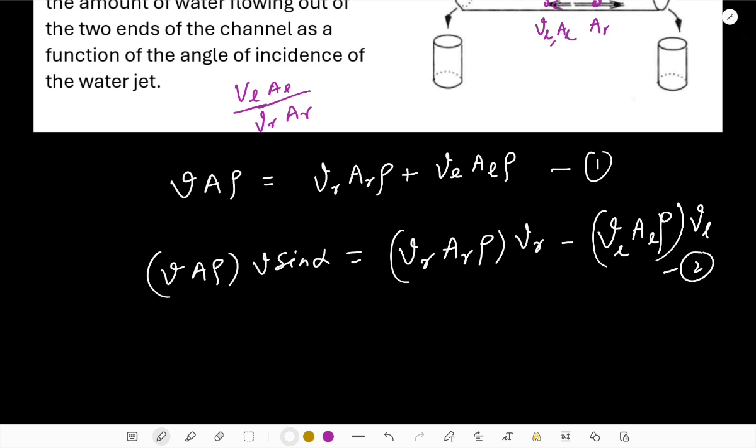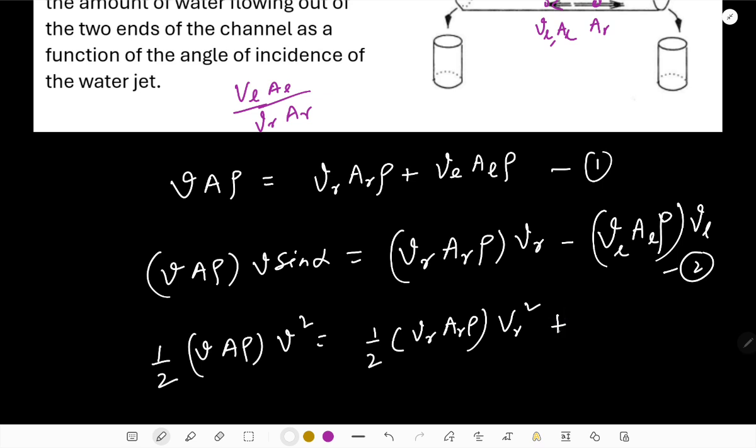And I can write an equation, although I don't need this, as half kinetic energy per unit time. So I can write V A rho, this is mass per unit time, times V square of the incoming water, and right and left in the similar manner: half V_R A_R rho V_R square plus half V_L A_L rho multiplied by V_L square, as equation number 3.